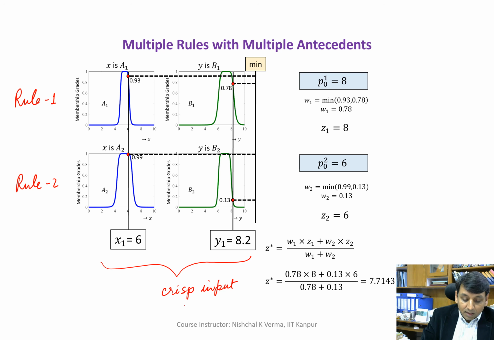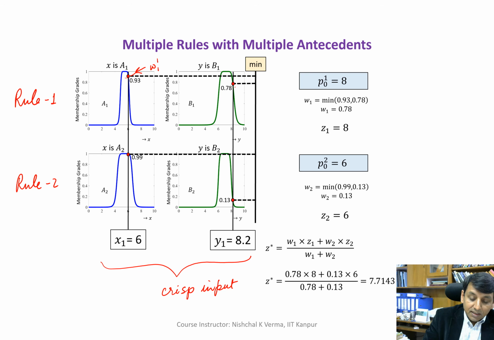So for x1 equal to 6, y1 equal to 8.2, let's first find, using the first rule, W11, the intersection point. Corresponding to x1 equal to 6, it is cutting A1 at 0.93 membership value. So this becomes our W11.